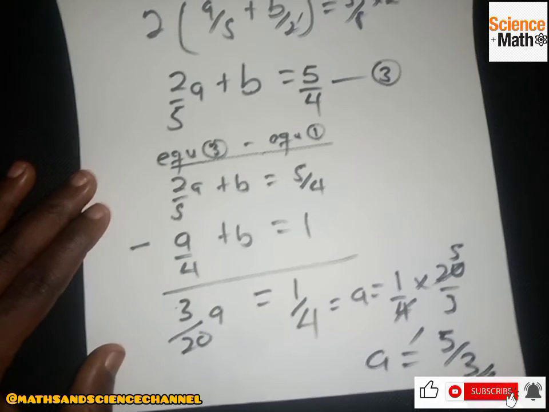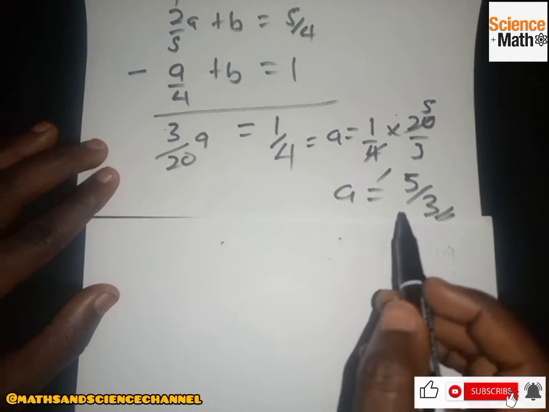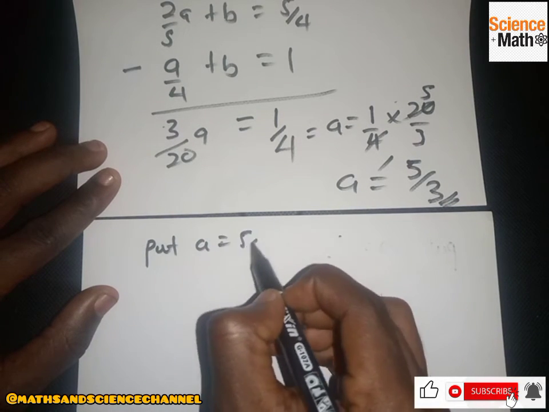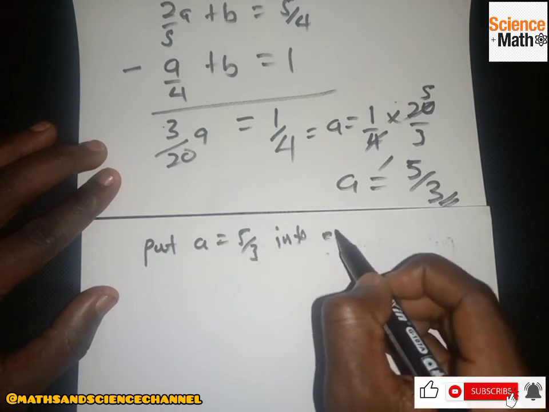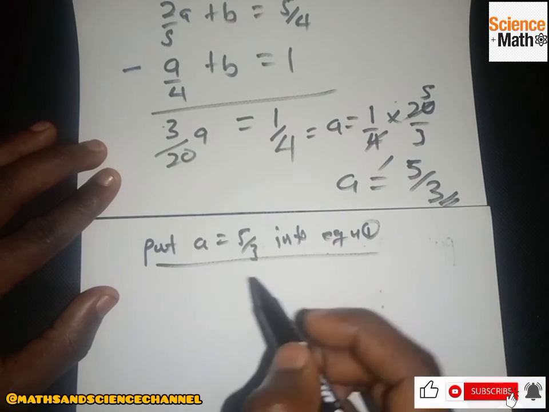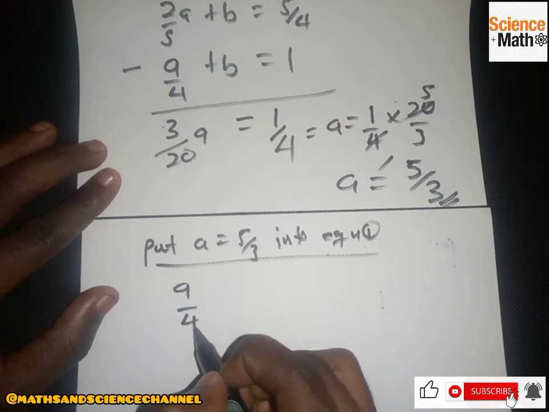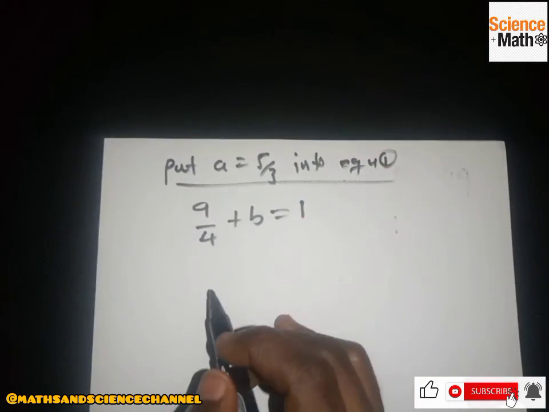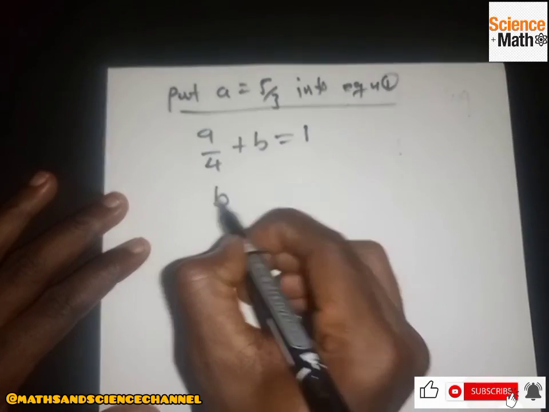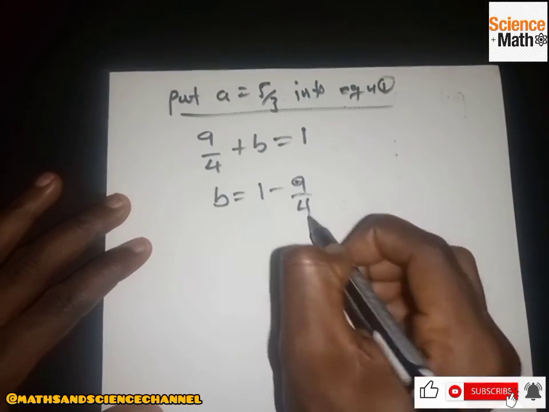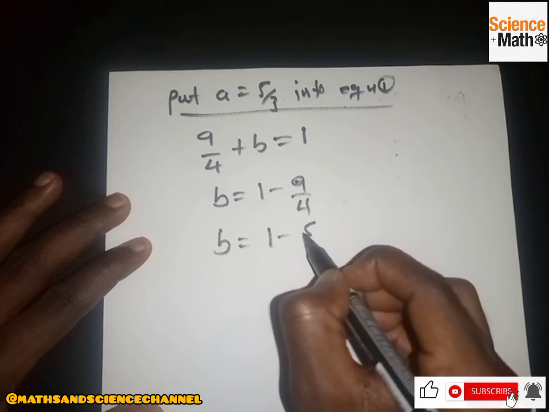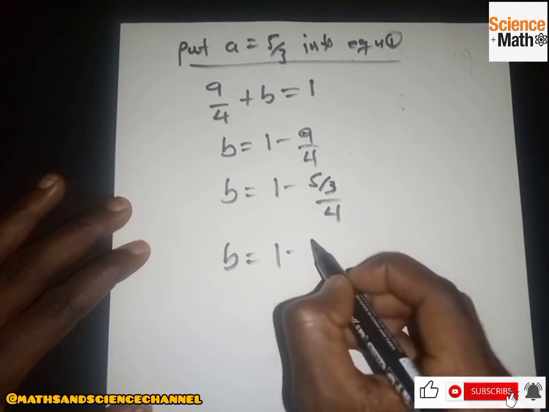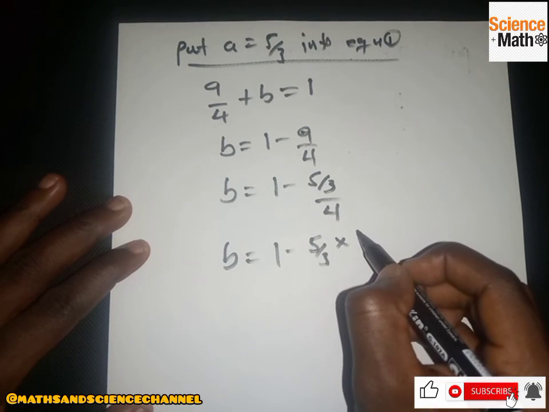Alright, so since we have a to be 5 over 3, what we can do is to put a being equal to 5 over 3 into equation 1. So equation 1 is a over 4 plus b being equal to 1. So from here we can make b the subject. So making b the subject, we have b equal to 1 minus a over 4, b will be equal to 1 minus 5 over 3 over 4, and that is the same as 5 over 3 multiplied by 1 over 4.